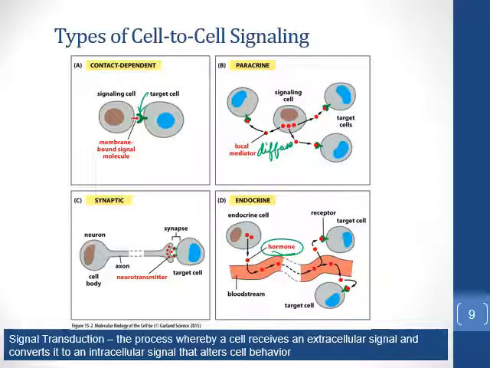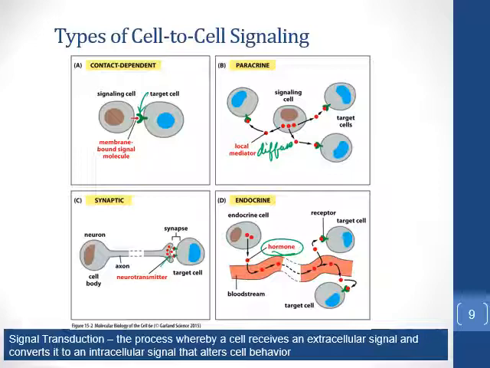Now C illustrates a little bit of a different example and a very specific example. This is what happens with neurons that are releasing neurotransmitters. In this case, it's really kind of like paracrine signaling in the sense that the signaling cell releases the signaling molecule, as you can see right here.